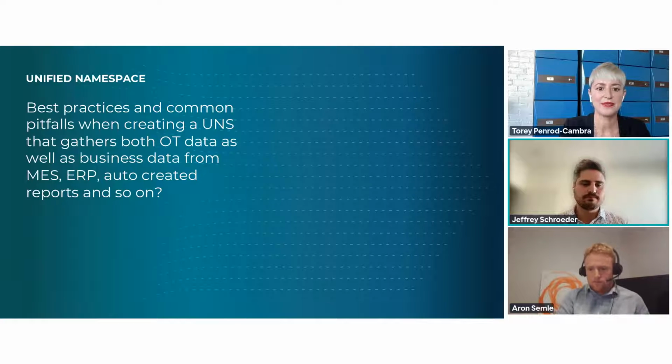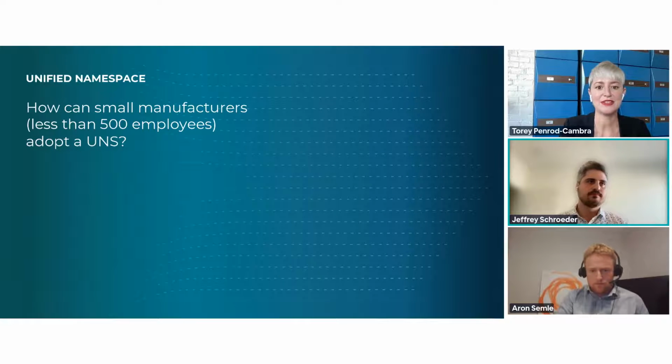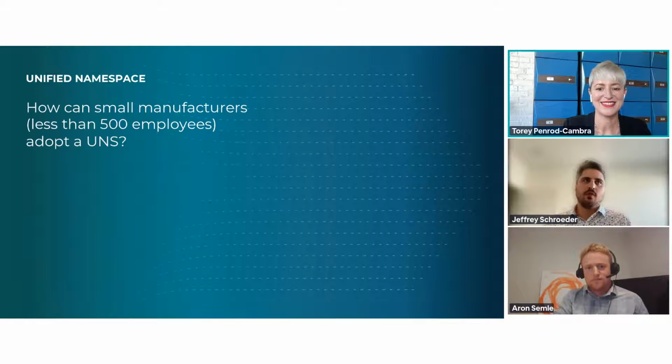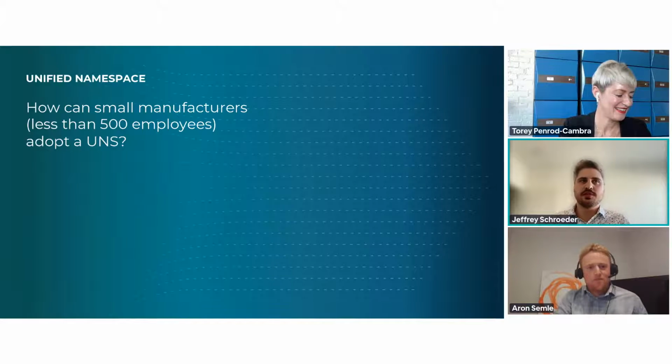Well said. I love this question. How can small manufacturers, less than 500 employees, adopt a UNS? With industrial data ops, and I would say in general with digital transformation, strategy trumps size and budget. A smaller, focused, more agile team with a good strategy will accomplish significantly more than a large, unaligned team.